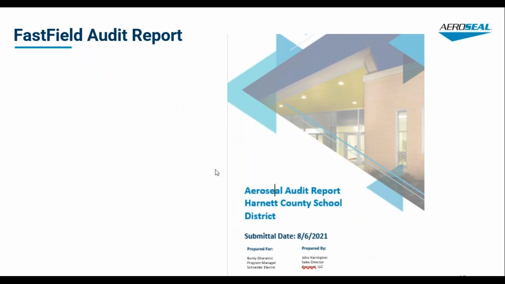Okay, and then after we get back from the audit and we have our FastField app all updated with everything from that site, we start on a formal audit report.